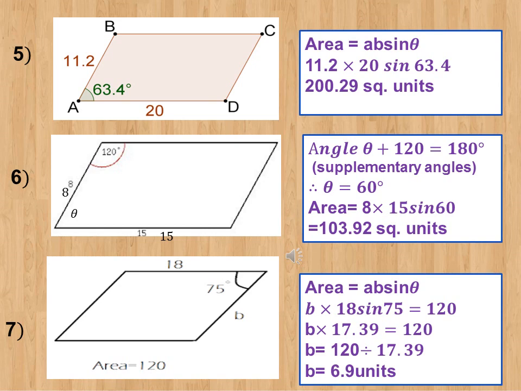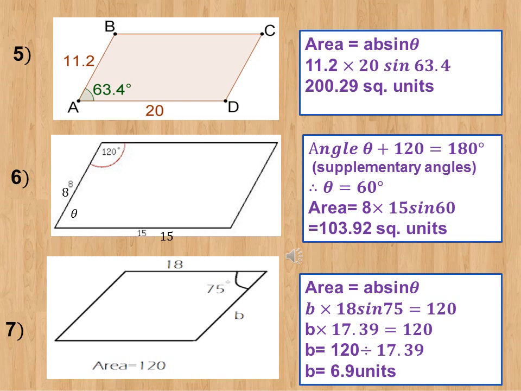The area of a parallelogram is given by AB sine theta, and therefore B times 18 times sine 75 is going to give us 120 square units. So B times 17.39, after getting sine 75, is equal to 120. Then we divide both sides by 17.39, so B is 120 divided by 17.39, which gives us 6.9 units. So the length of side B is 6.9 units.